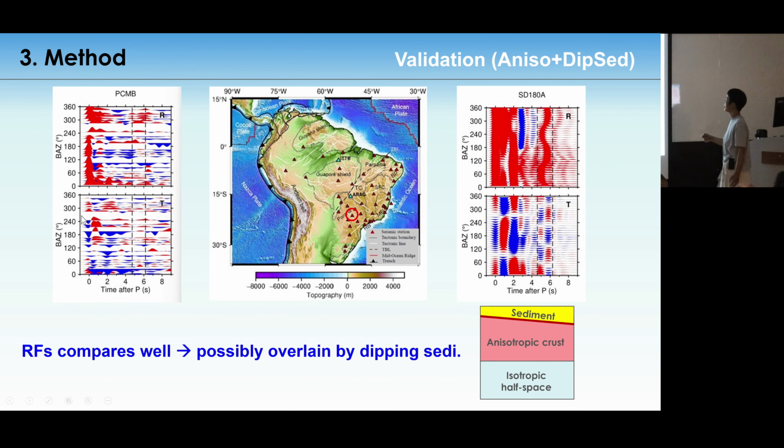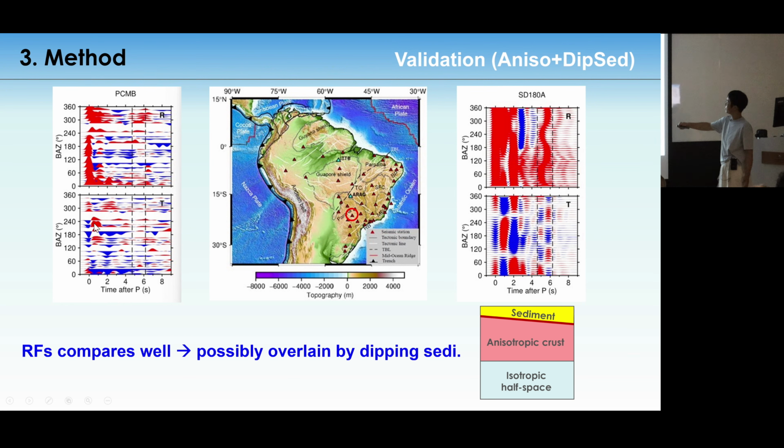When we take a look at lots of observed receiver functions, we see some special receiver functions that are different from the first three models. We can see that the arrival of the direct P wave is not exactly at time 0, and we can see some small converted phases prior to the PMS.